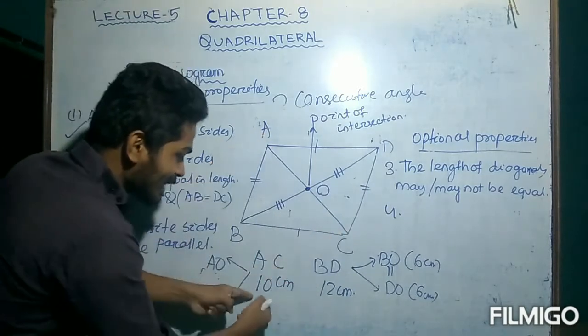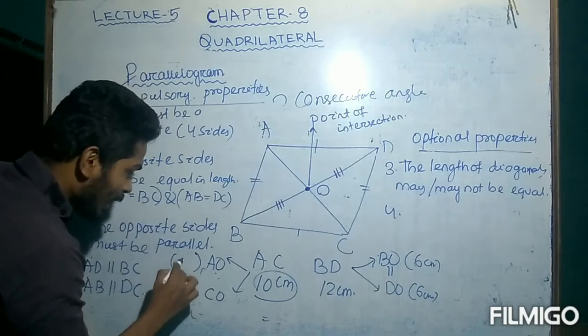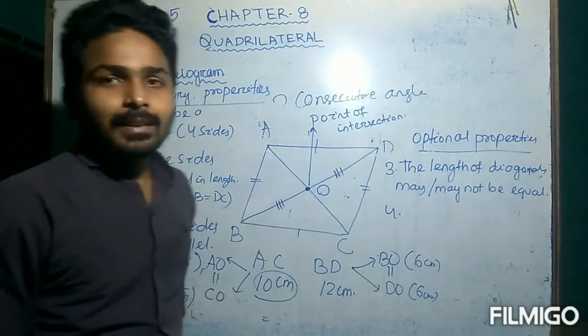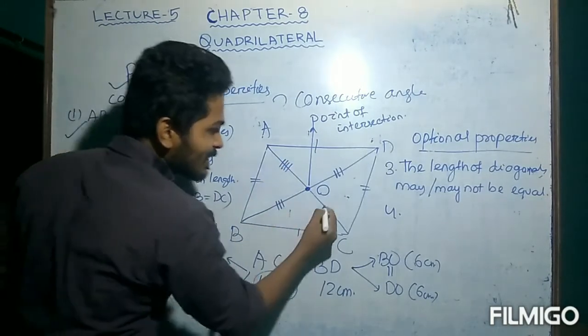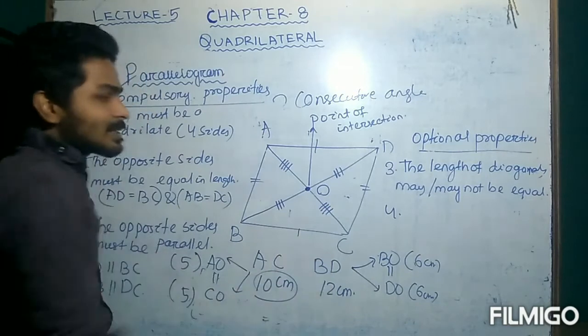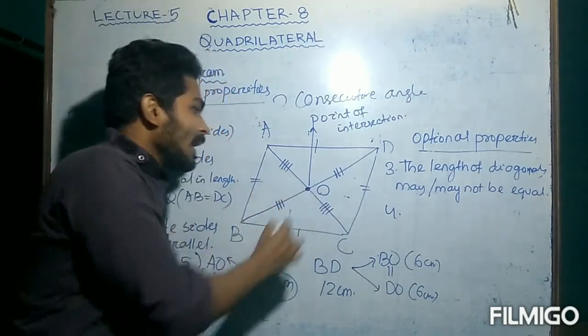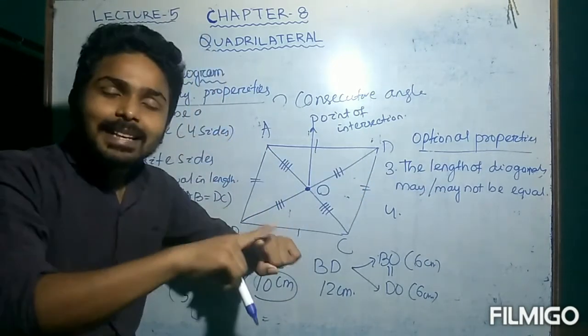Since this distance is 10 centimeters, as we have taken for an example, this half must be 5 centimeters, and this half must be 5 centimeters. Or you can write symbolically, AO is equal to CO. So what did we find here? We found that at the point of intersection, the two diagonals bisect each other.